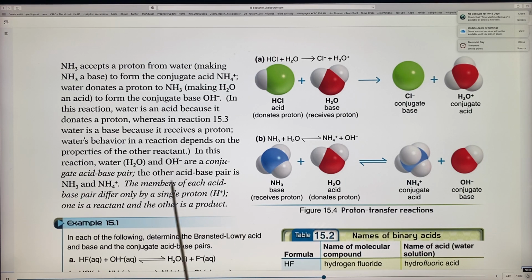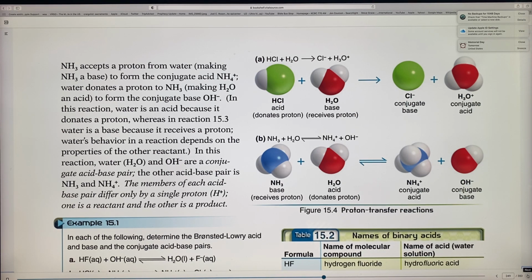In this reaction, water and hydroxide are conjugate acid-base pairs. The other acid-base pair is going to be the ammonium and ammonia pair. The members of each pair differ only by a single proton, which is H. One is a reactant and the other is a product.